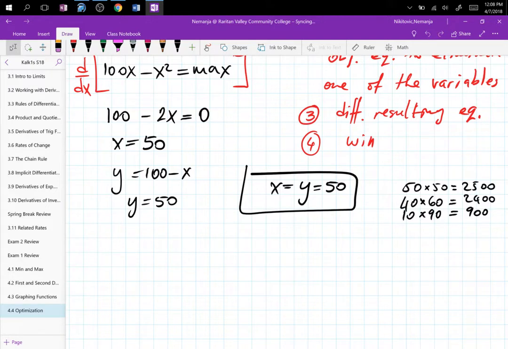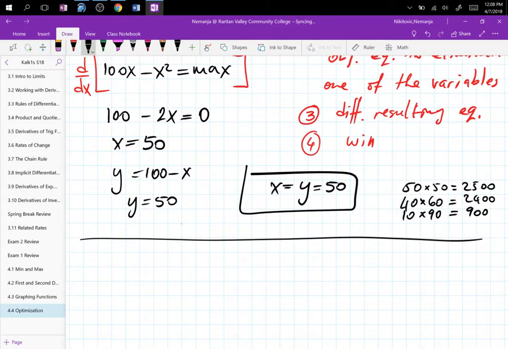So we'll take a look at that problem as well. It was the exam question. So eventually we'll get there.